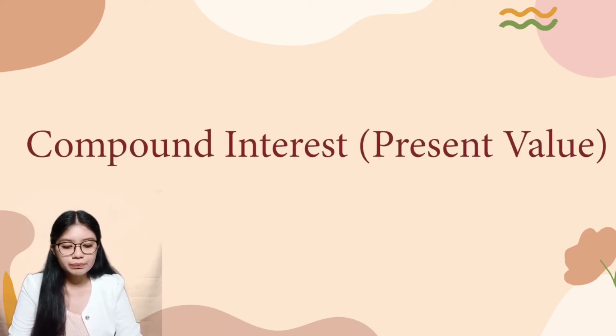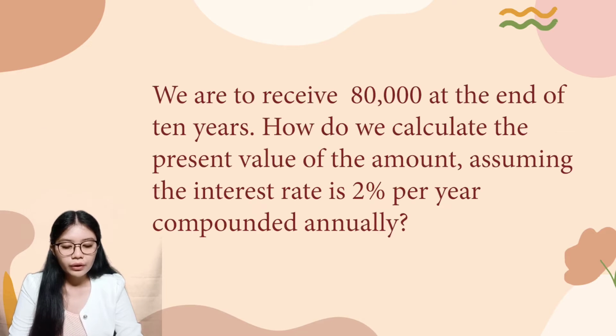Another example is the present value at compound interest. We are to receive 80,000 pesos at the end of the 10 years. How do we calculate the present value of the amount, assuming the interest rate is 2% per year compounded annually? Here are the given.